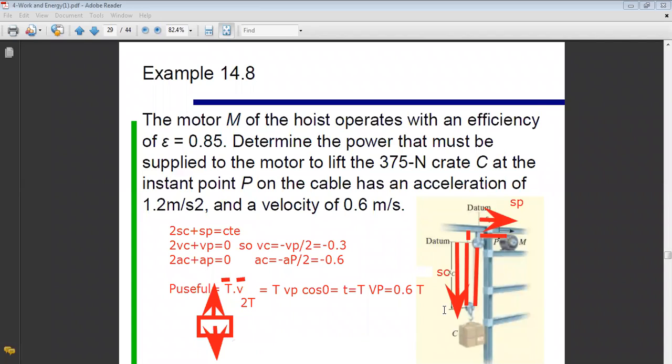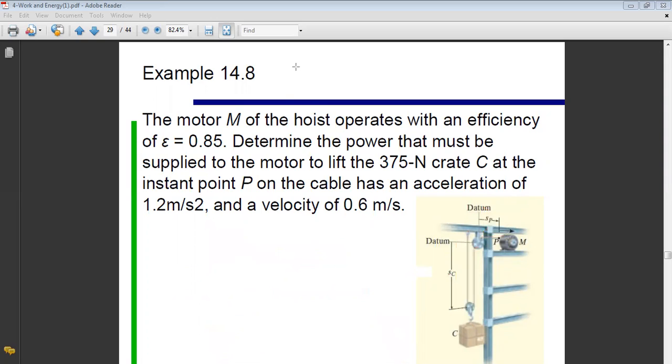Because if you consider this pulley, which is in general, when I don't mention anything, the pulley is massless. So the tension here in the cable at this level is equal to 2 times the tension in the cable, because here you are cutting at 2 places. So the tension here will be equal to 2 times the tension of the cable.